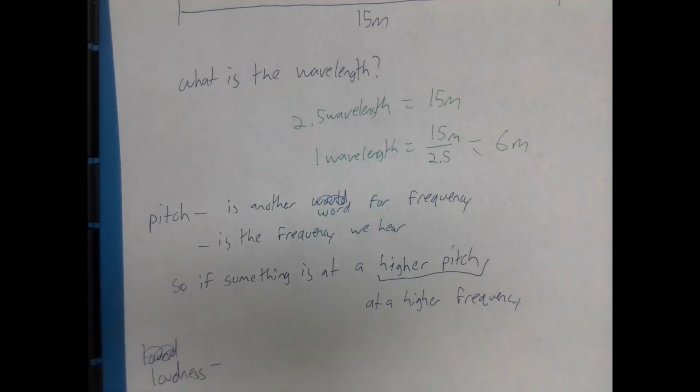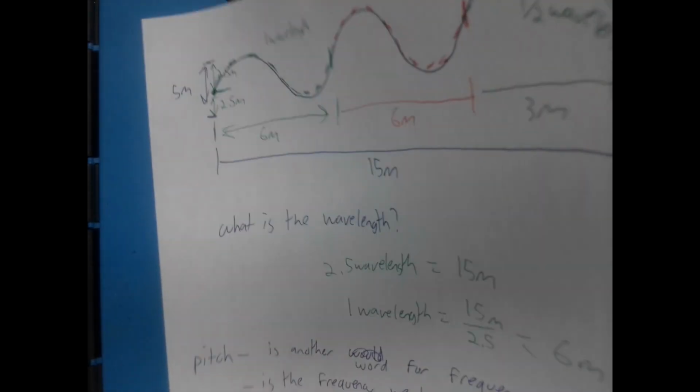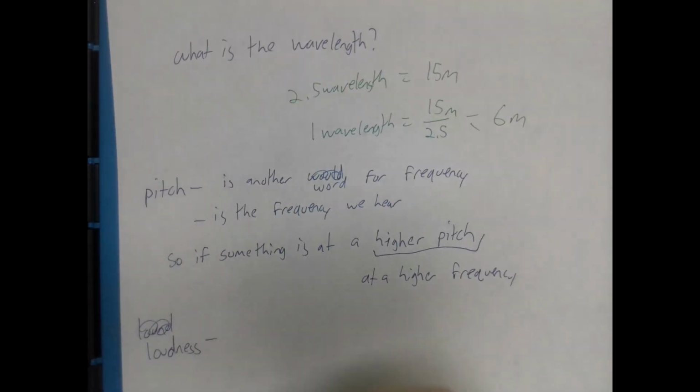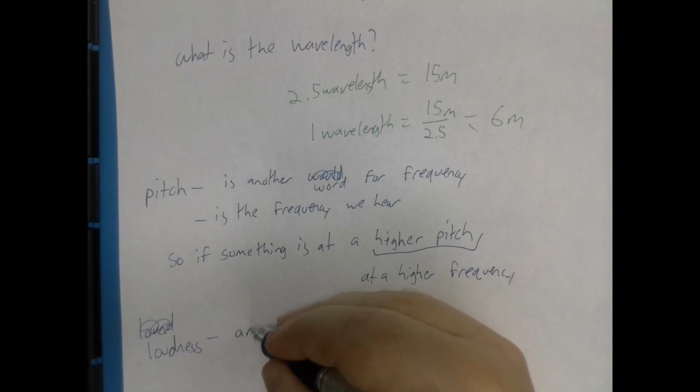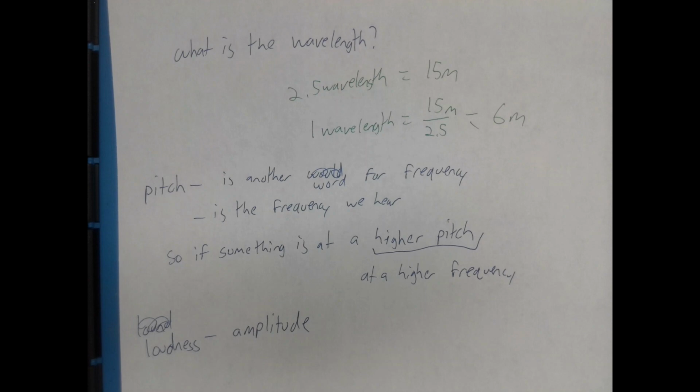Speaking of this wave up here, in a transverse wave, it refers to the amplitude. So how loud something is actually refers to the amplitude. For longitudinal waves, it's how compressed the regions are. So in a transverse wave, it's how high from the midline.